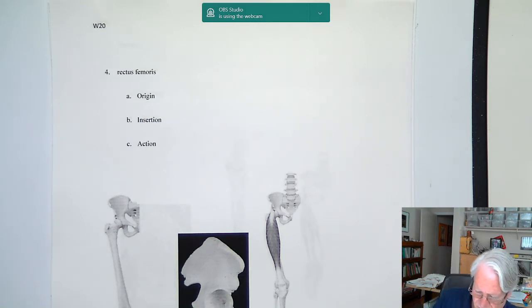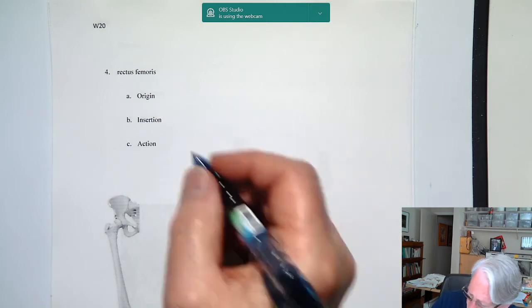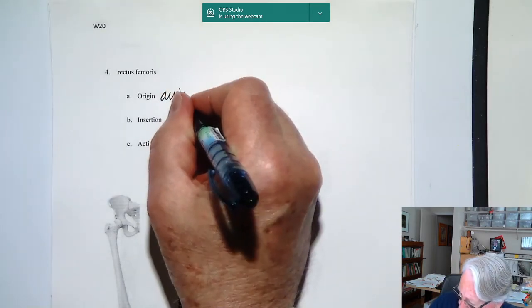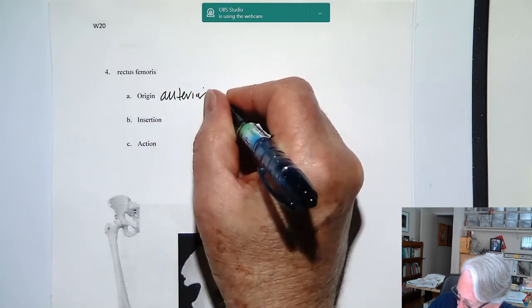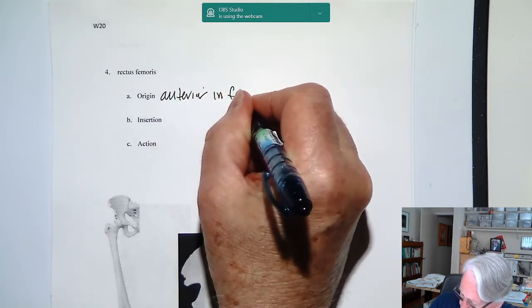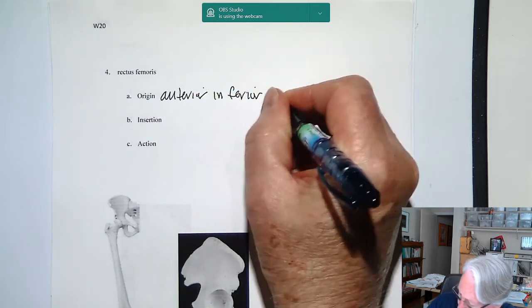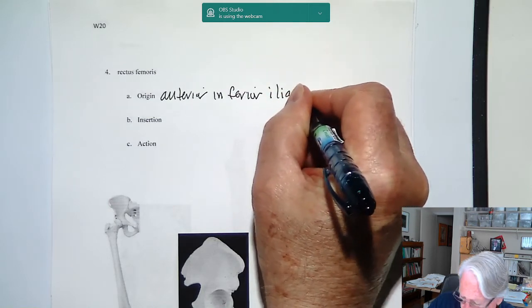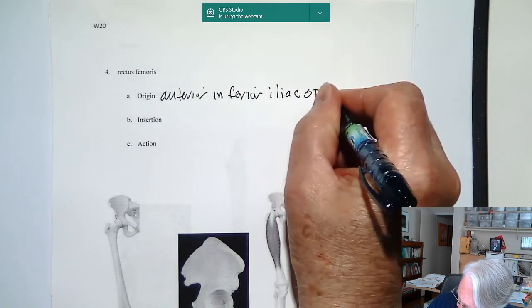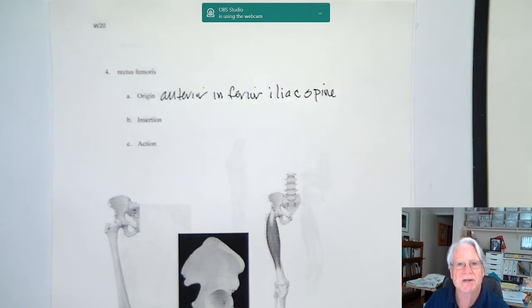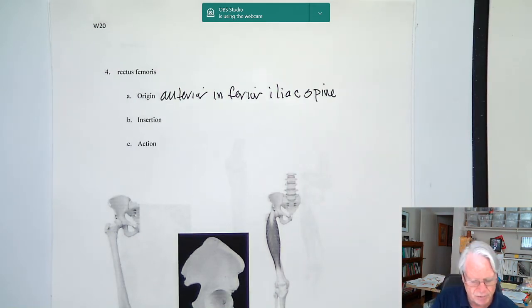Okay. Rectus femoris, anterior, inferior, iliac spine. Anterior, inferior, iliac spine.